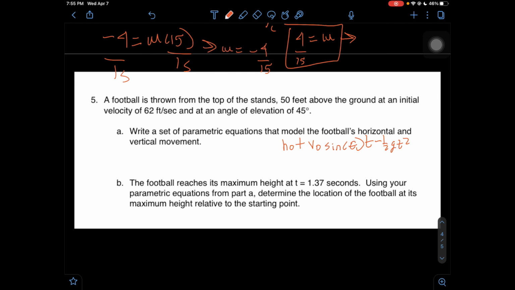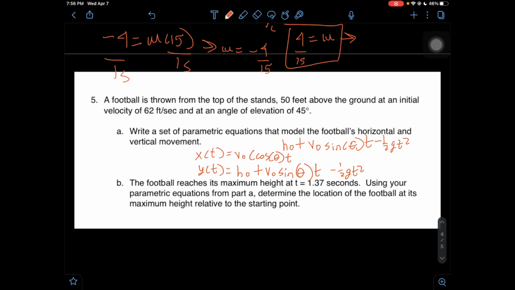Remember, we have an x and y value, so we can split it into components. If we split it, we get x of t equals v naught cosine of theta times t, and y of t equals h naught plus v naught sine theta times t minus 1/2 g t squared.